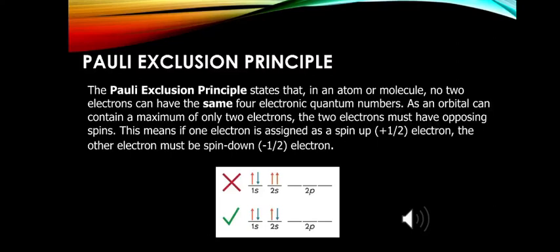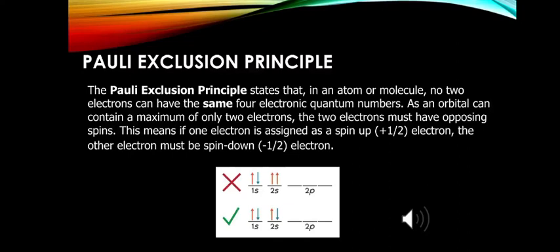This means that if one electron is assigned as a spin up, plus 1 by 2, then the other electron must be spin down, minus 1 by 2. So Pauli's exclusion principle basically says that we have to fill the electrons in an orbital with opposite spins. If one electron has positive 1 by 2 spin, then the other should have a negative spin.